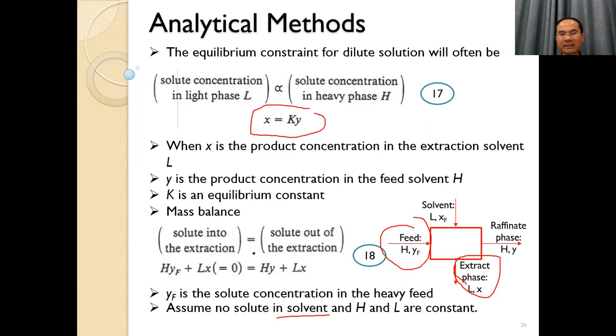If we recall the general material balance, that's input minus output plus generation minus consumption equal to accumulation term.